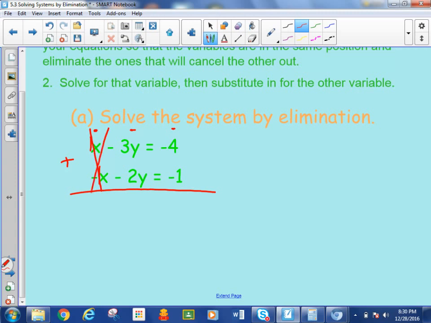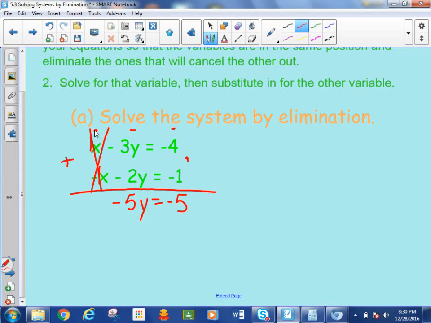Now we'll simplify the rest of the equation. So we have a negative 3y plus a negative 2y gives me negative 5y equals negative 4 plus negative 1 gives me negative 5. This is where I highly recommend double checking yourself on the calculator, or with a partner, to make sure that you're not making a simple mistake with your integers.